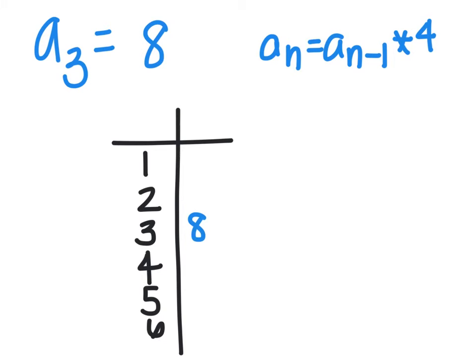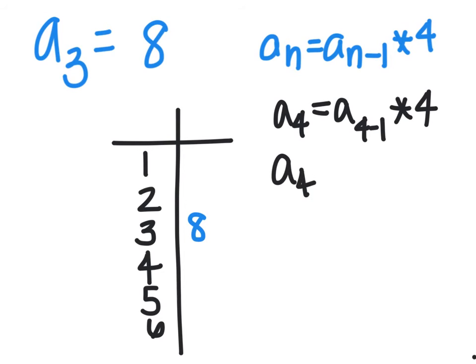So if I want to find the fourth term, well, this formula says that the fourth term, so I'm actually going to write this out, a sub 4 equals a sub 4 minus 1 times 4. Well, 4 minus 1 would make this a sub 3 times 4.